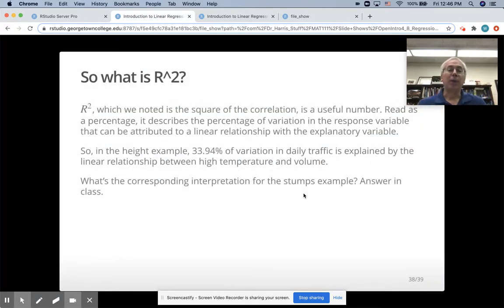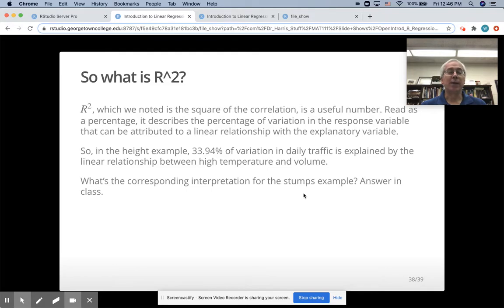One last thing before I turn you loose on another example to try. R squared literally is the square of the correlation, so it's always going to be a positive number. What we want to understand is that R squared gives us the percentage of variation in the response variable that is attributable to a linear relationship with the explanatory variable. Because the points don't all lie on a line, it's clear that there are other factors involved.